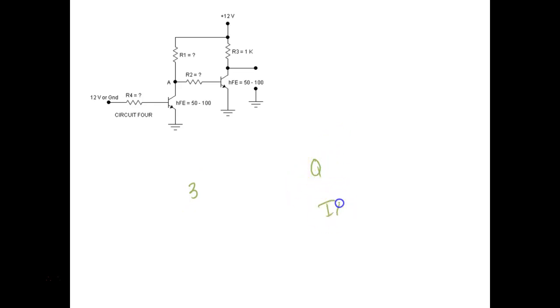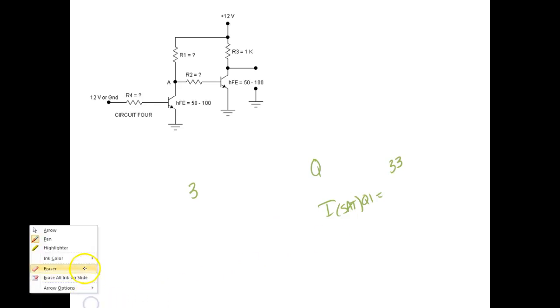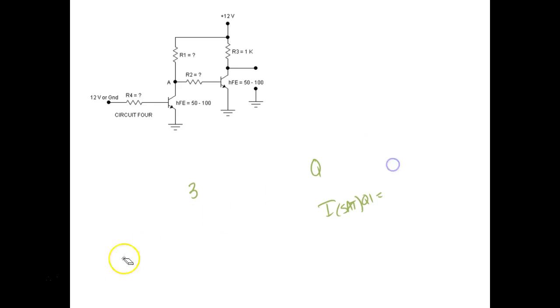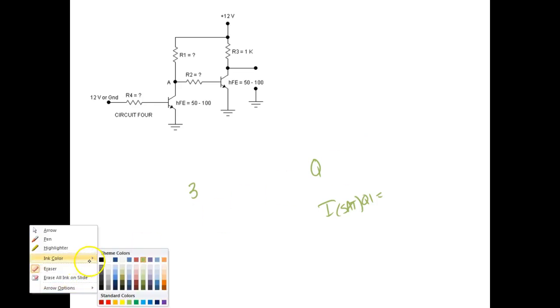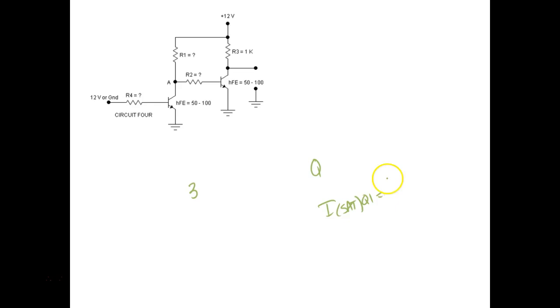Let's see, IC sat Q1 equals 33, sorry. I need to correct the key, so the key was wrong. Give yourself a pat on the back and tell me how many times we used that key. So 12 volts divided by 33K. What'd y'all say? 363.